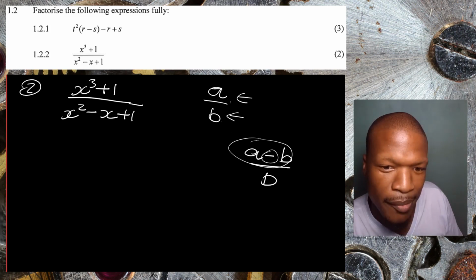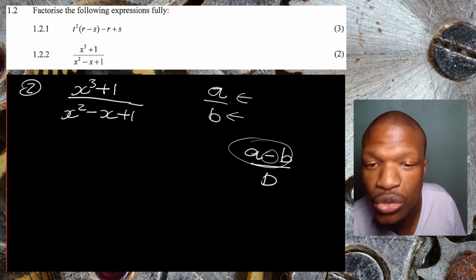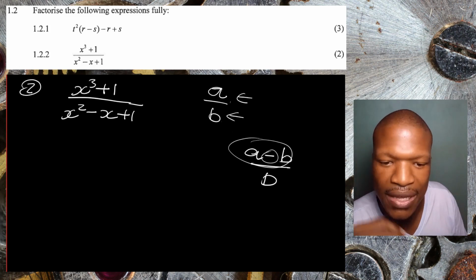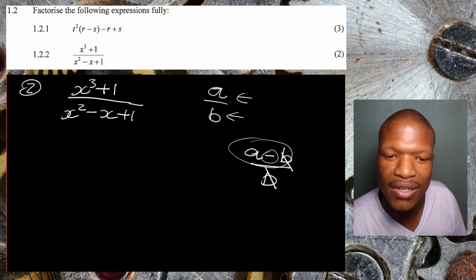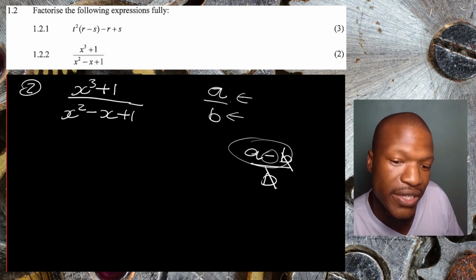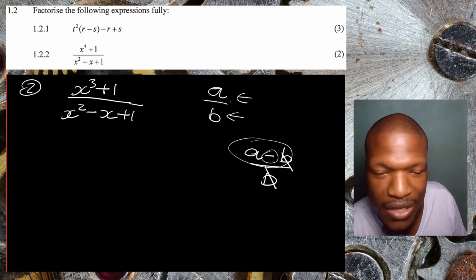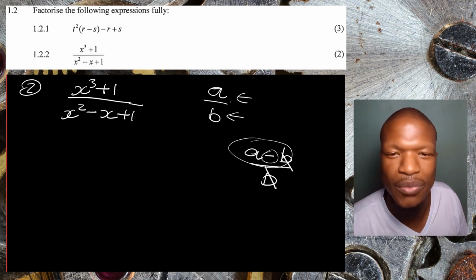You need to remember this, because what I see learners do is, if they do not remember these things well, they will just cancel out the b, because they remember that you can cancel out common factors, but they don't remember that these are not factors, they are terms. So you need to keep in mind that we have terms and we have factors.